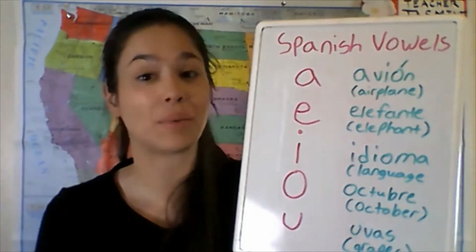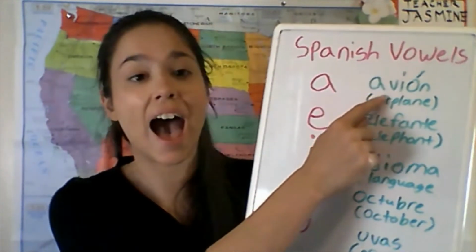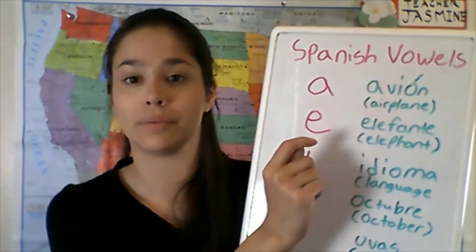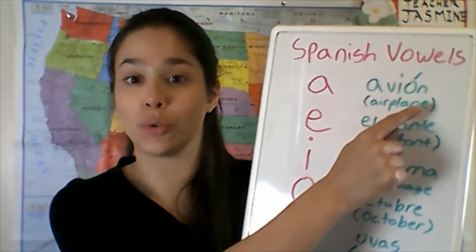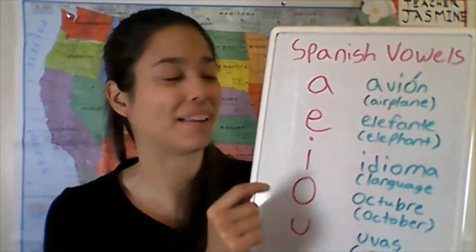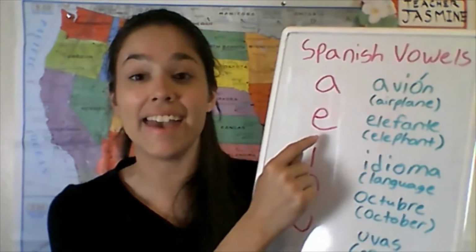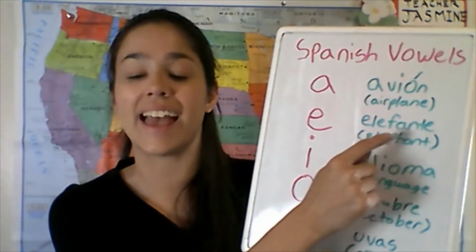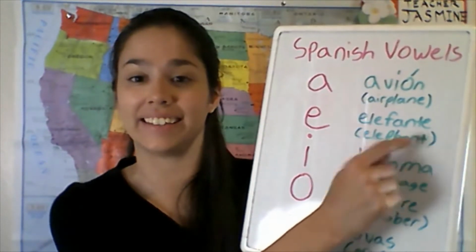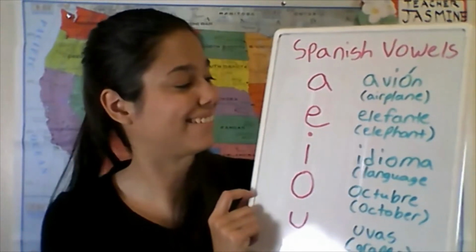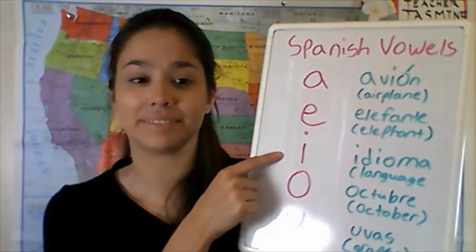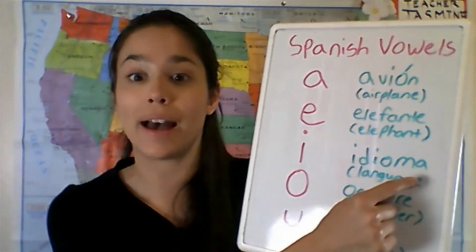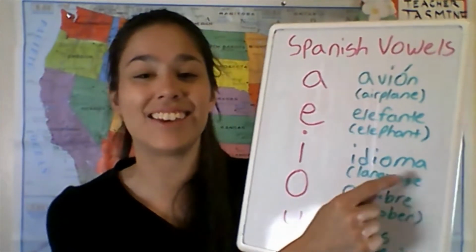Okay, ways to remember. Here's some words that we can remember. Avión. Avión. Good. That means airplane. Elefante. Elefante. Elephant. Idioma. Idioma.